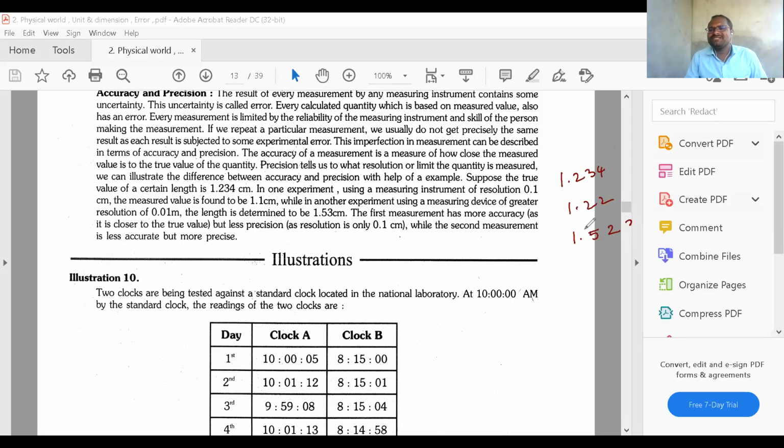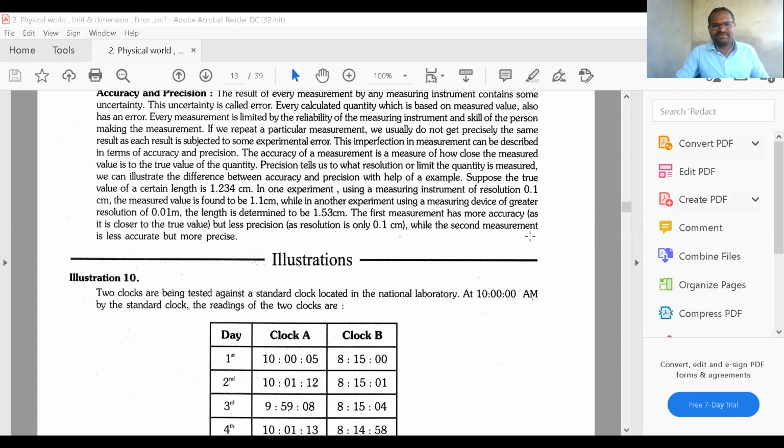Let us take two measured numbers, 1.22 and 1.222. Now among these two, which is more accurate? More accurate is this one, but more precise is this one, because the number of digits are more. That is the difference. Okay, clear? Once you read this one, you will understand.